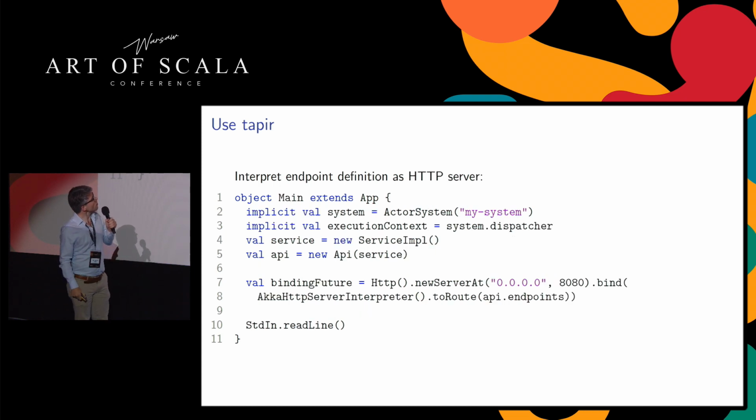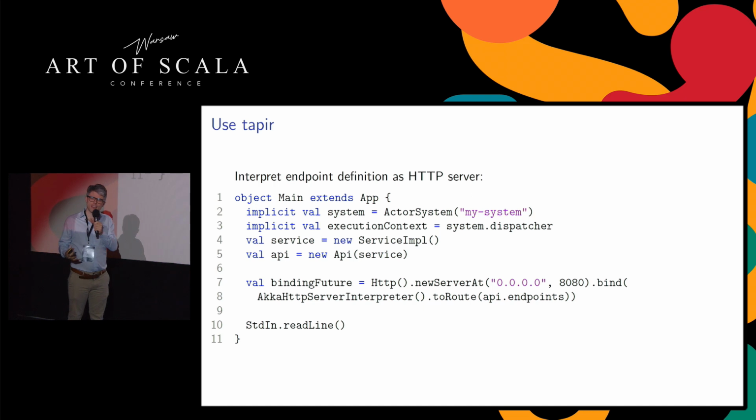The same way we can also create the HTTP server, and we don't even need to generate the code because we are already writing code, but we can generate the HTTP server from the intermediate representation. So we get this Akka HTTP server interpreter to interpret the endpoint as an Akka HTTP server. We can also choose other commonly used HTTP servers, but I chose Akka.